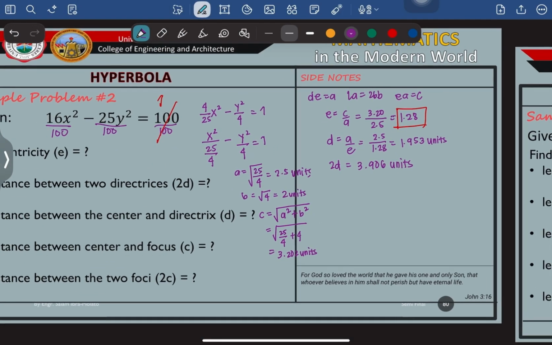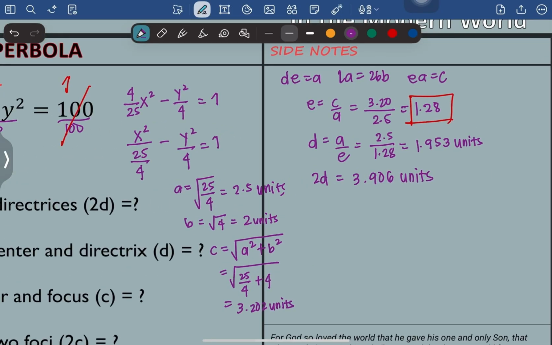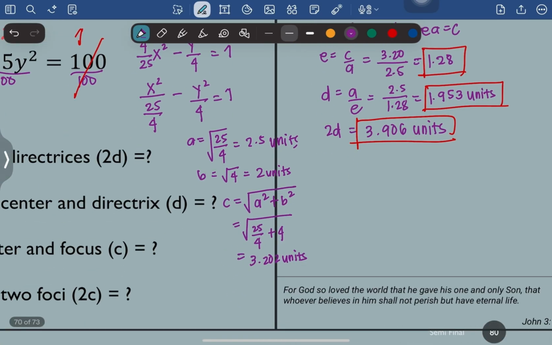Then for the distance between center and focus, or the variable C, these are the answers. For variable C, we already solved it.